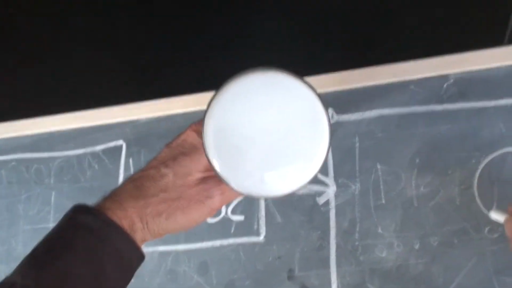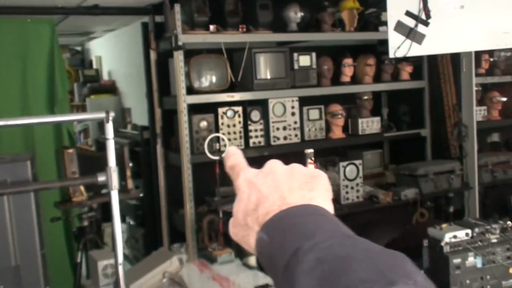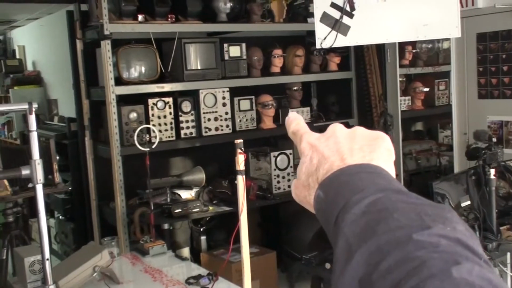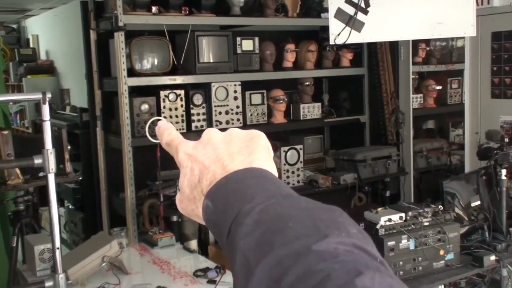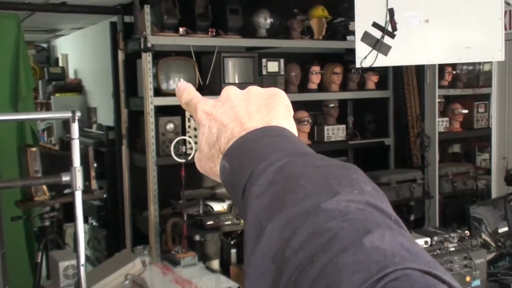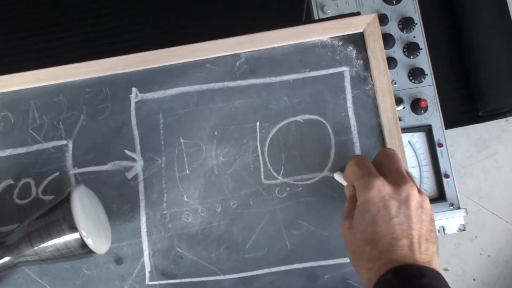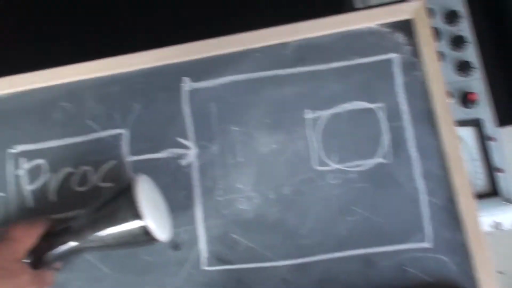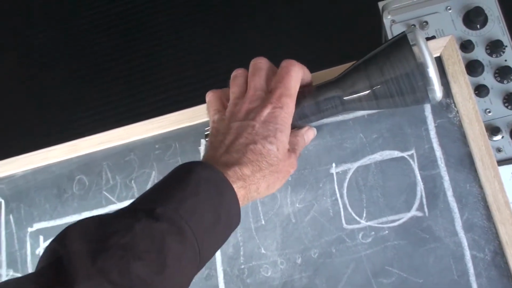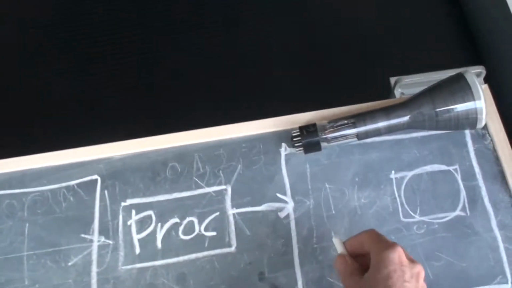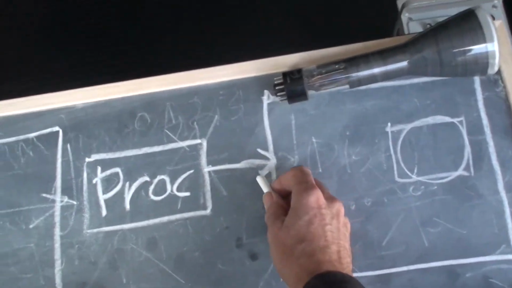Earlier sets often had round screens, like oscilloscopes, and then later rectangular screens started to appear. So there'll be some kind of a display mechanism here, and there's a way that that display mechanism responds. There's a time varying voltage that comes out of here.